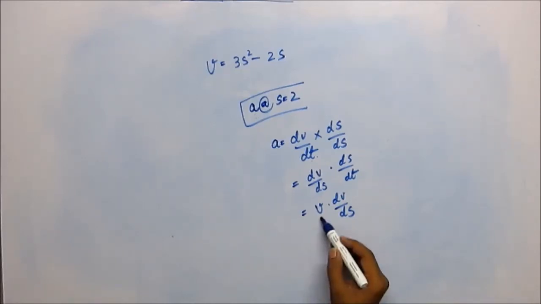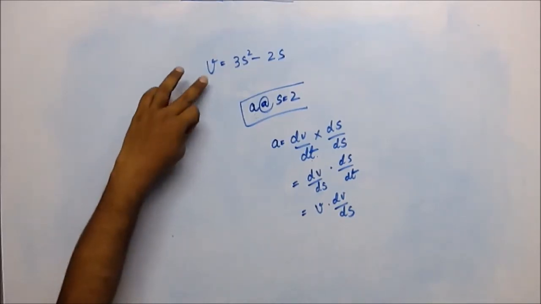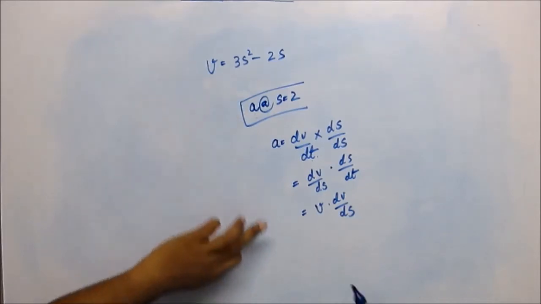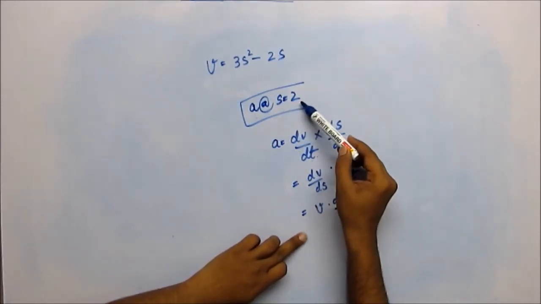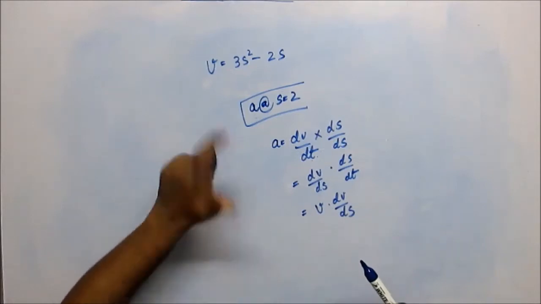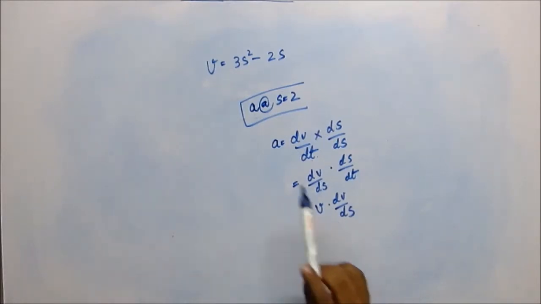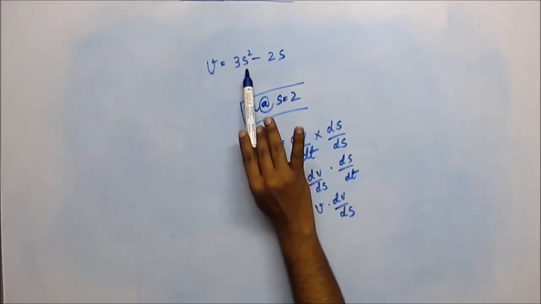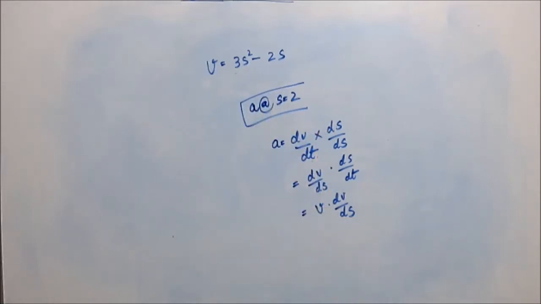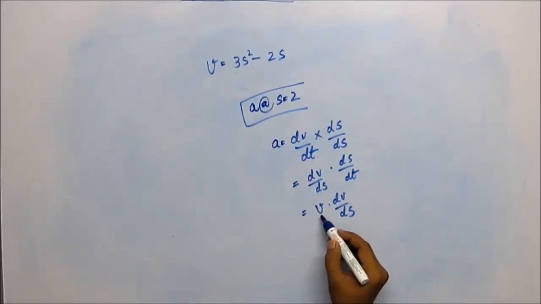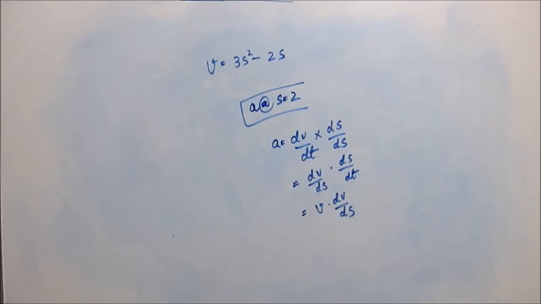Fine. Now velocity at any displacement is known by this equation directly. So velocity at displacement equal to 2 can be found just by putting s equal to 2 here. When we put s equal to 2, it's 3 times 4, 12, minus 4, that is 8. So velocity is 8 when displacement is 2.